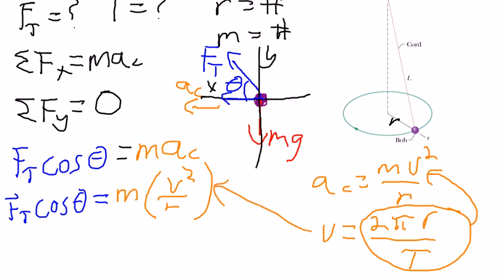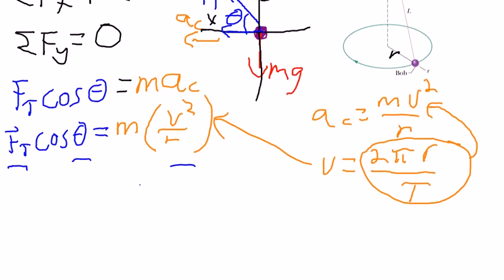But if we look at this equation, oh boy howdy, we don't know Ft, we don't know theta yet, and we don't know what the period is. So we have a lot of unknowns in that equation. Let's move on to our y equation and see if that can help.